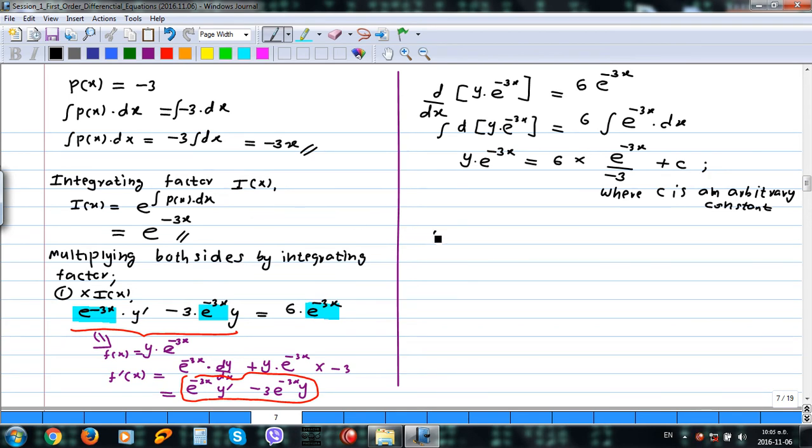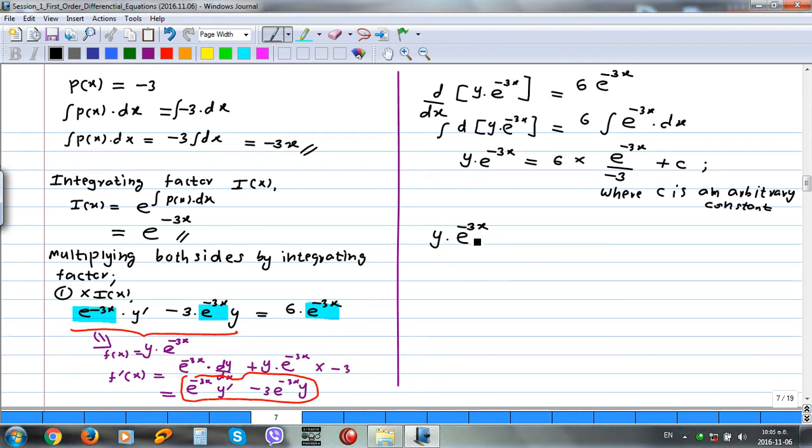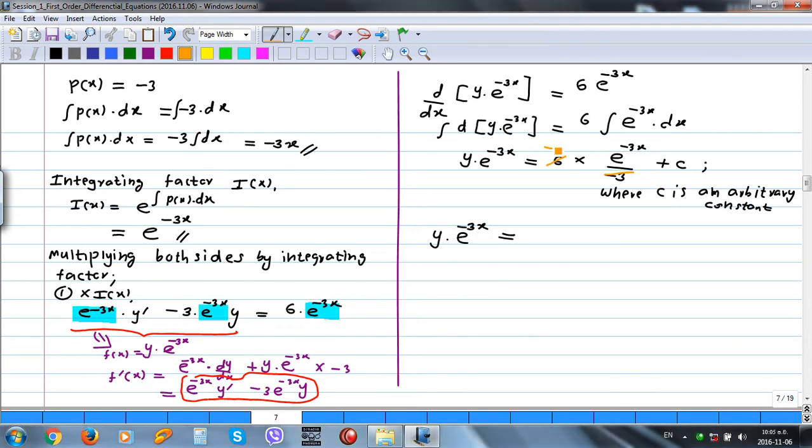So here we can now write y e to the power minus 3x equals, here we can cut, minus 3 times 1, here comes minus 2.